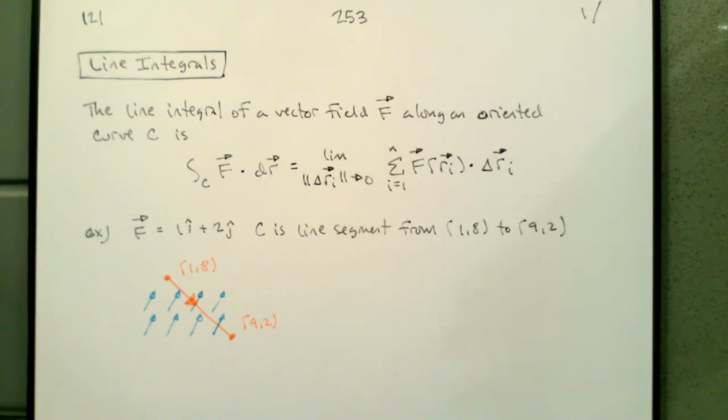So now our function is going to be a vector field. That's the thing that we have to evaluate at a collection of points. The collection of points is going to be an oriented curve. So remember, when we draw a parameterized curve in R2 or R3, it has an orientation, there's a direction, there's a start and an end.